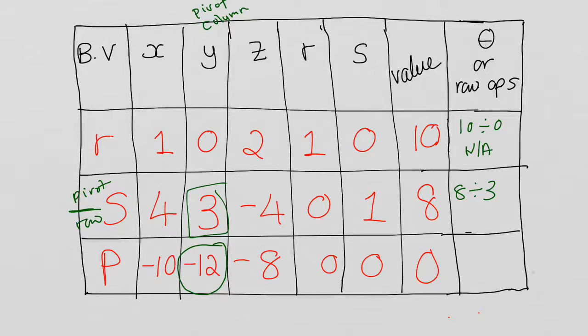So I am wanting that value there to become 1. I want that Y to be 1. And I will then make the other elements in that column 0. So I'm making sure that Y is eliminated from the other equations and I'm only left with 1Y here.